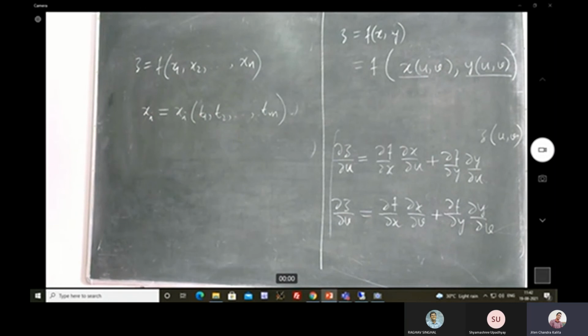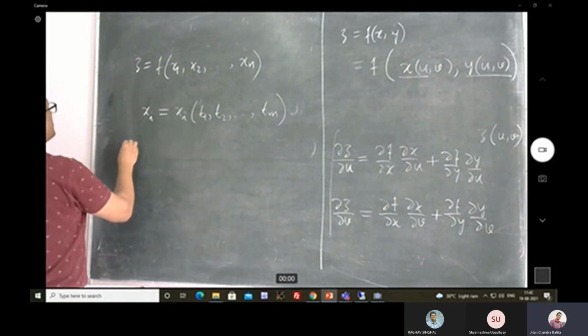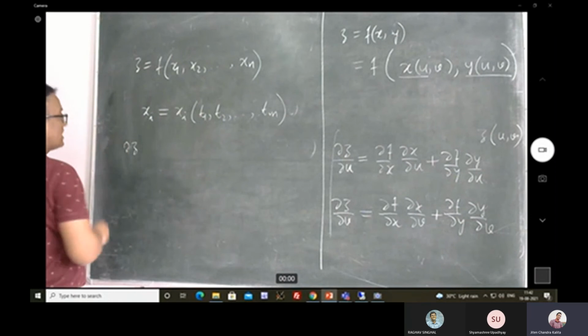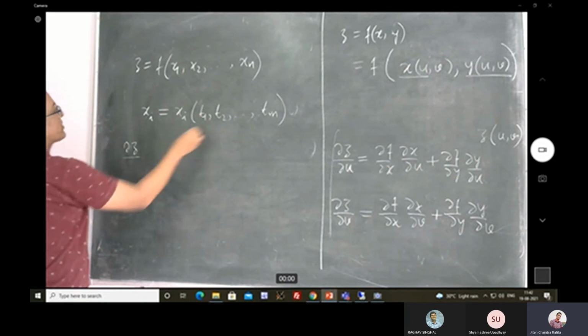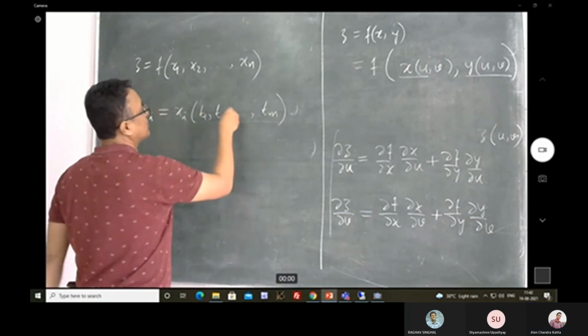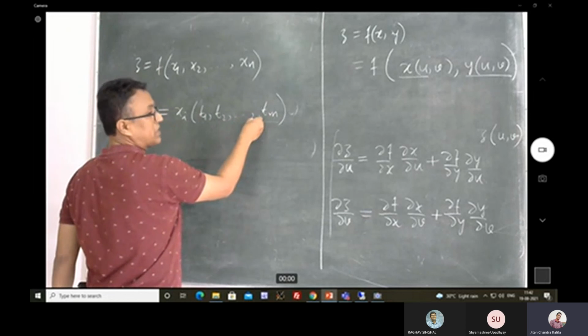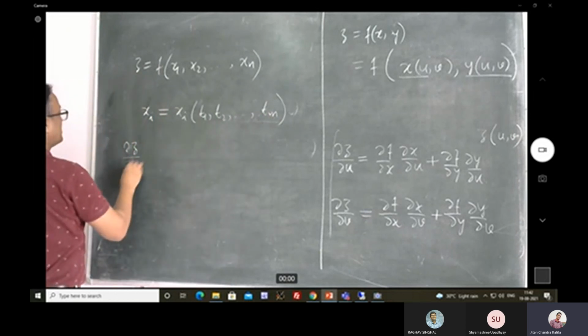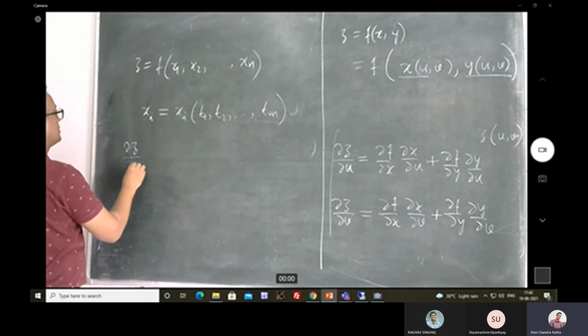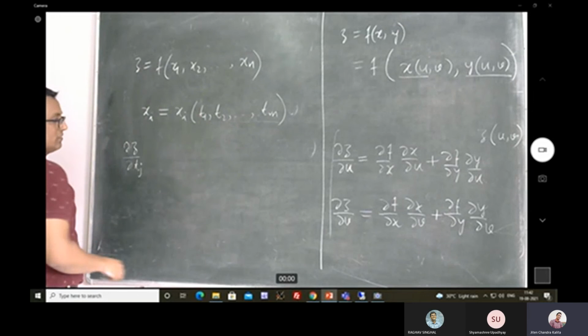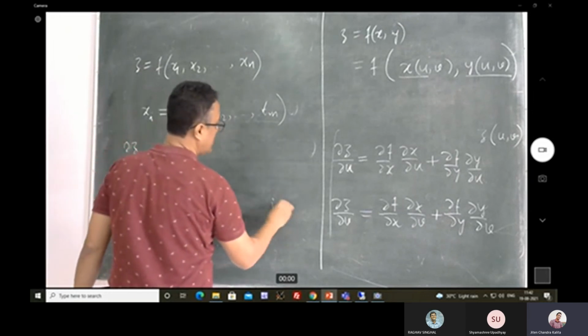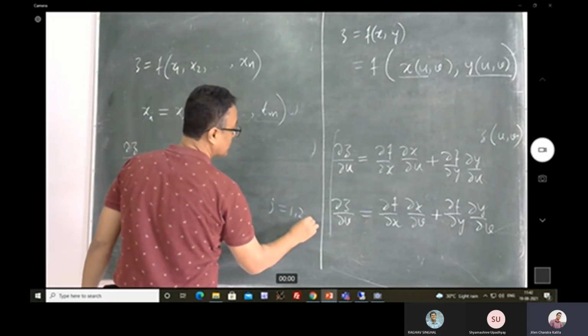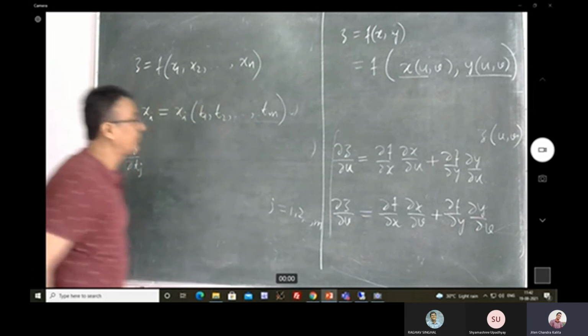Okay, so then if I want to find the partial derivative of z with respect to one of those independent variables, say tj, of course j goes from 1 to m.